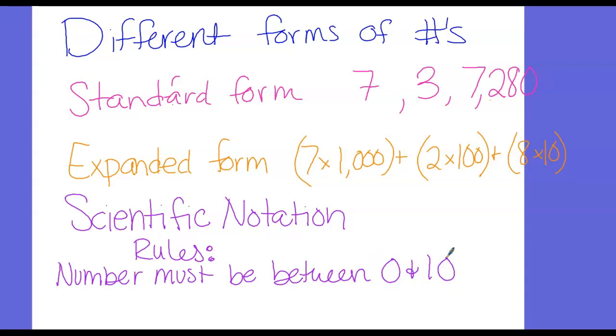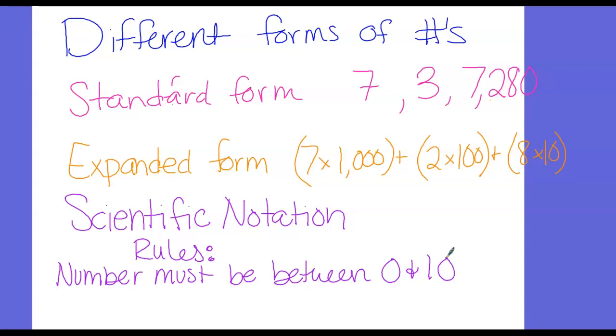Is 0 between 0 and 10? No, 0 is 0, therefore it is not between. Is 10 in between 0 and 10? No, 10 is 10, therefore it is not in between. Okay, so your number cannot be 0 and your number cannot be 10. It has to be in between 0 and 10.